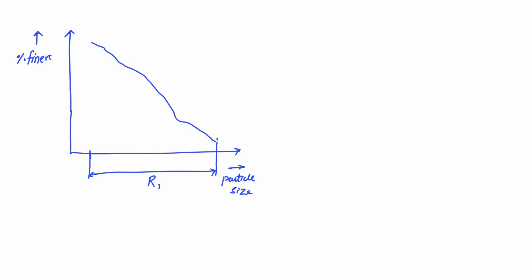Fine. So what you have observed from this particular graph is that the range of the particle size is quite big and the slope of the graph is almost constant. See here, the slope is almost constant. What is meant by the slope? It tells us how the percentage finer is actually changing. So let us suppose this is your soil A. What can I tell you about soil A?